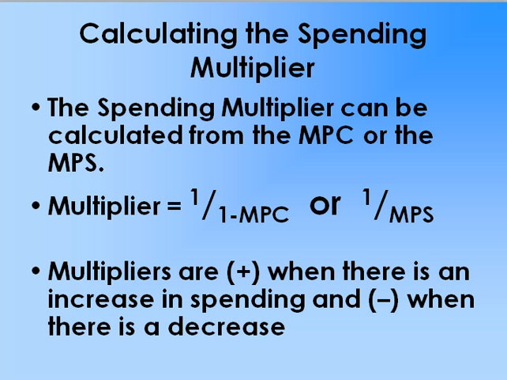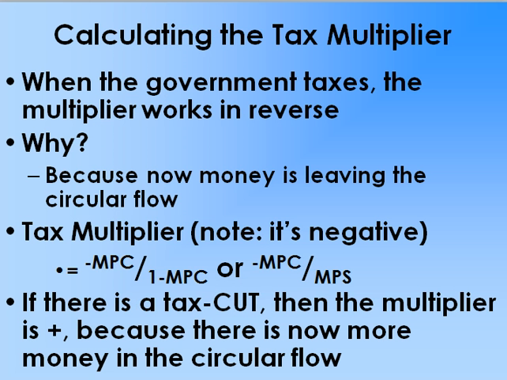So multipliers are positive when there's an increase in spending and negative when there is a decrease in spending. We can also calculate the tax multiplier to show that when the government increases taxes, the multiplier works in reverse. Why? Because money is now leaving the circular flow model and going to the government and not to businesses or households.